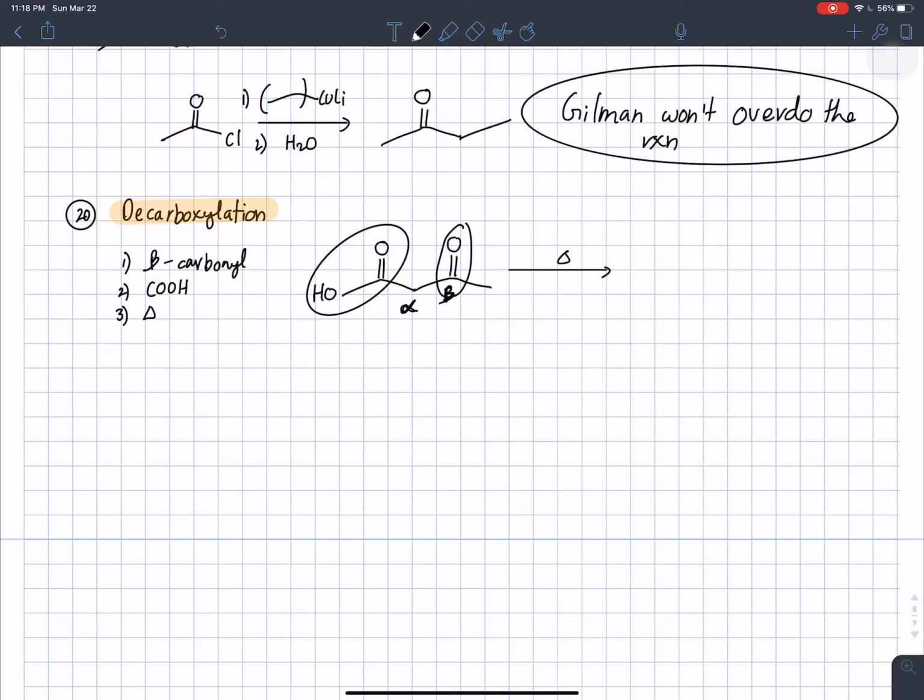If at the beta spot you see a carbonyl, you're going to chop this entire carboxylic acid off. If I chop that off and replace it with an H, that's your answer. So here my answer would be this ketone, plus I chopped that off, so I get CO2.